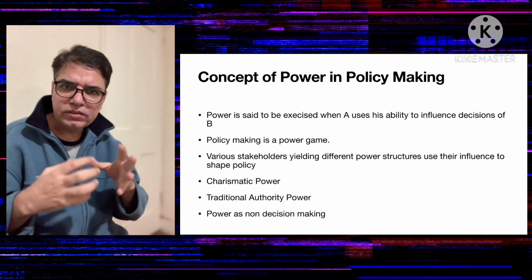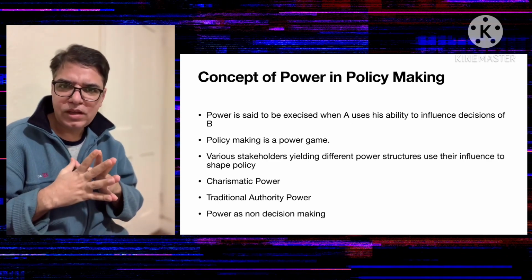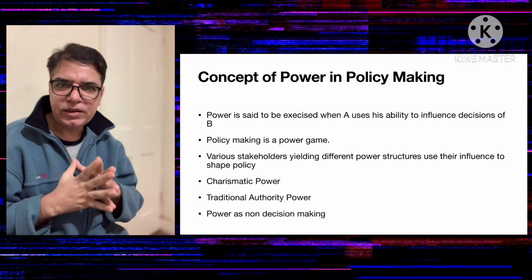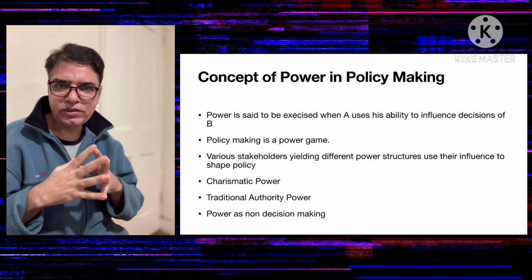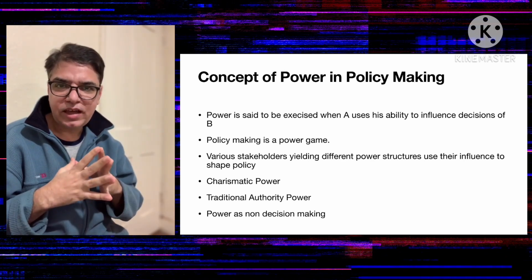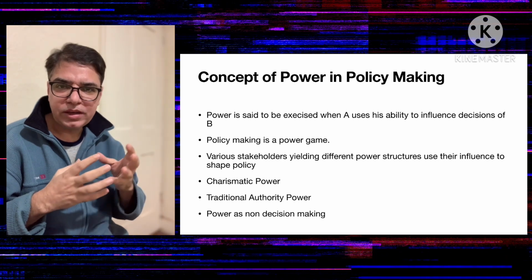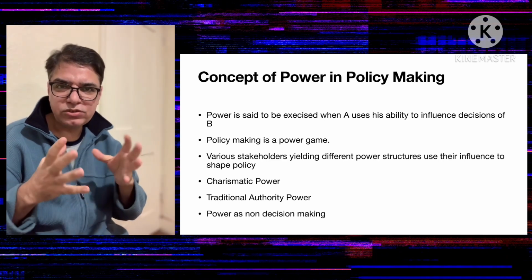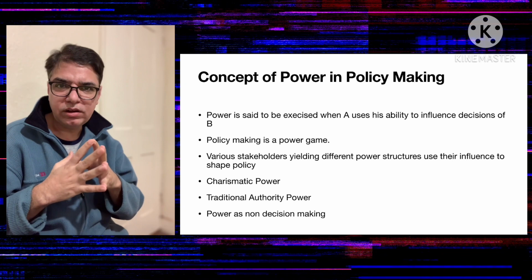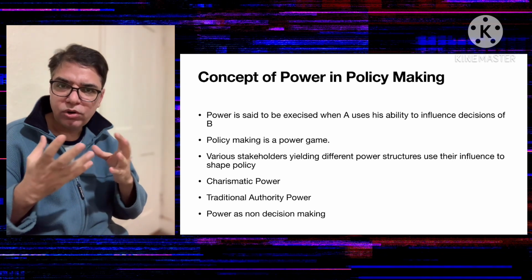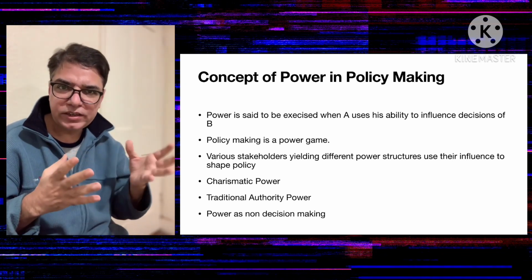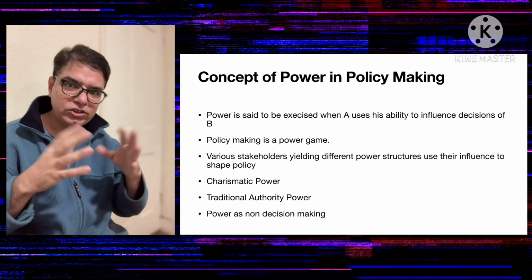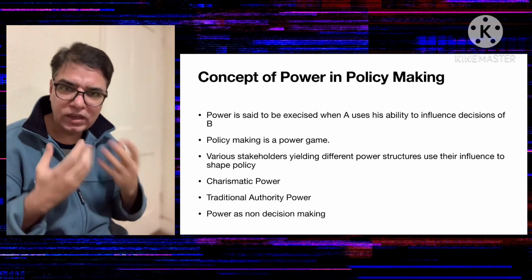So this is another form of power wielding, in which the powerful circles make such decisions that people cannot think about their general problems. So this is what you call non-decision making, that you are not making any decisions. Why? Because you've created such an environment that people are not able to think about their general problems.